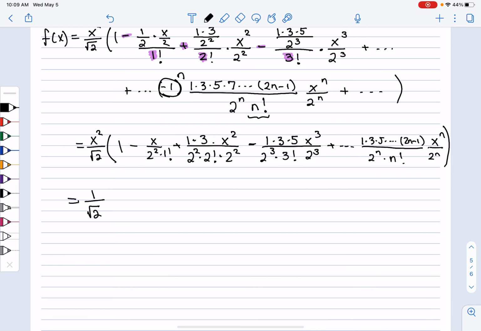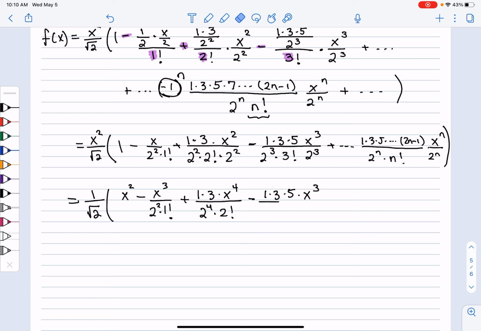So we're going to have 1 over radical 2, and then we have x squared minus x cubed over 2 squared times 1 factorial plus 1 times 3 times x to the fourth over 2 to the fourth times 2 factorial minus 1 times 3 times 5 times x to the fifth, because we're distributing that x squared, over 2 to the sixth times 3 factorial.